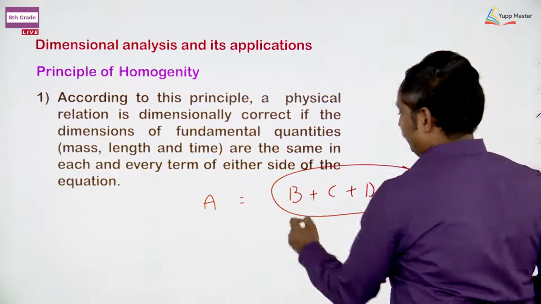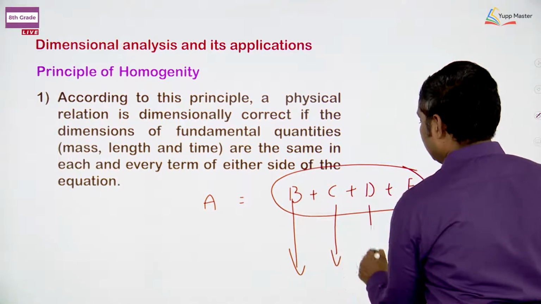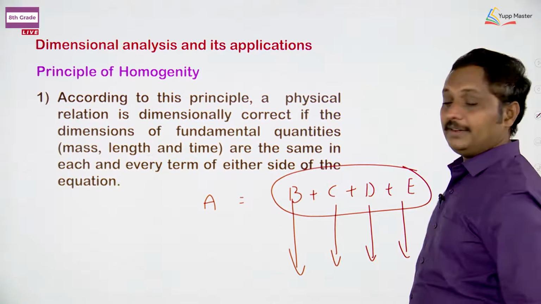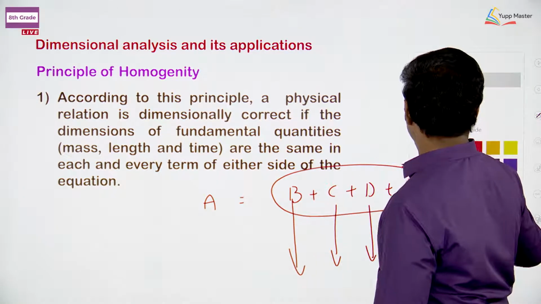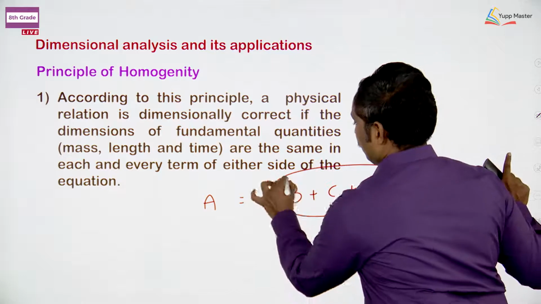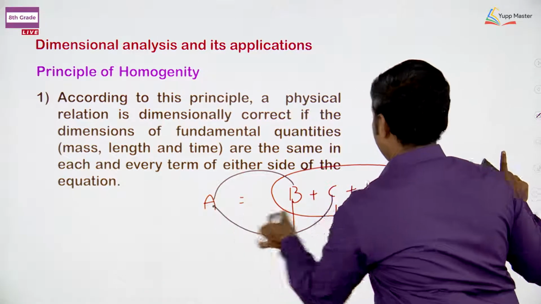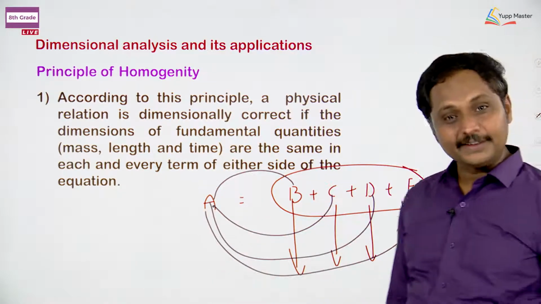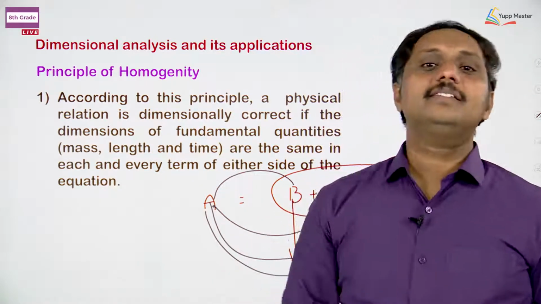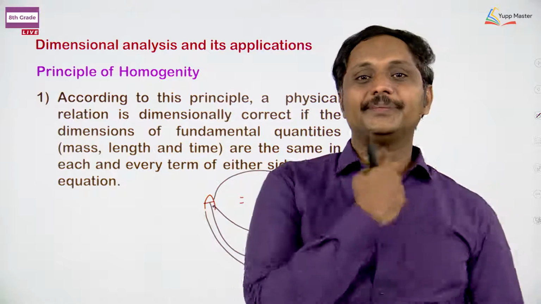If they have taken any part, they have the same nature. That's what you are going to know. It's very clear. That's how you can understand the principle of homogeneity very easily.